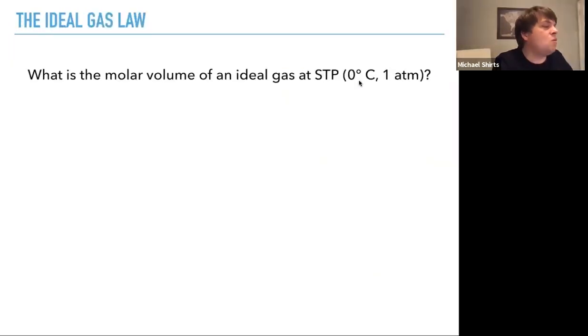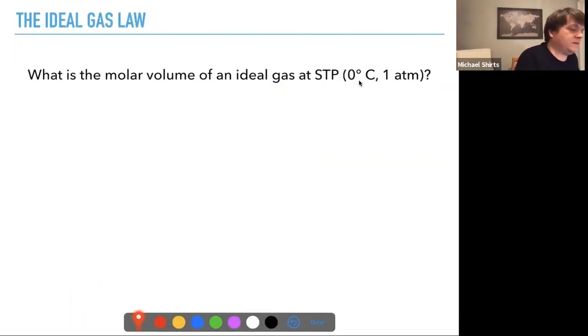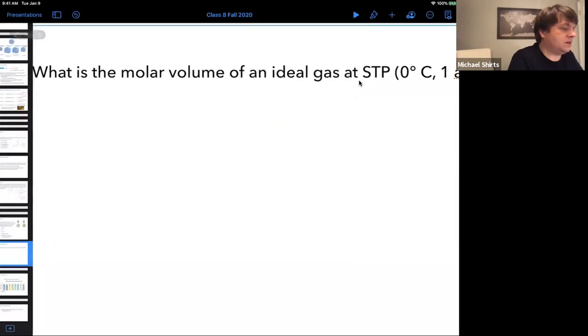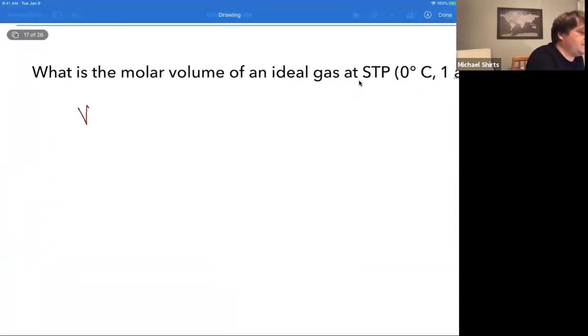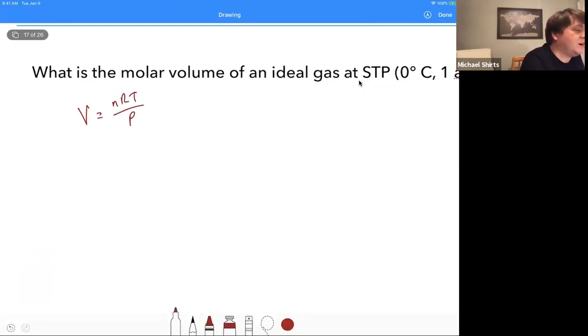Okay, so what's the molar volume of an ideal gas at standard temperature and pressure, which is defined as 0 degrees C and 1 atmosphere? Well, this volume is from PV equals nRT. We rearrange it and get that volume is nRT over the pressure. And what's our n? We want the molar volume, the volume of 1 mole.